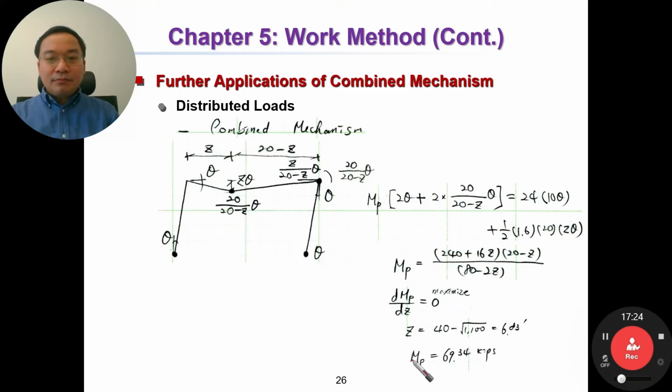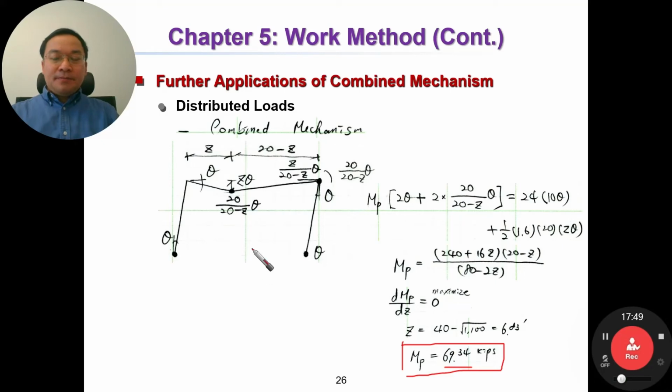And MP, the exact solution, MP equal to 69.34 kip-feet. This is the exact solution of MP, as a result of the combined mechanism.